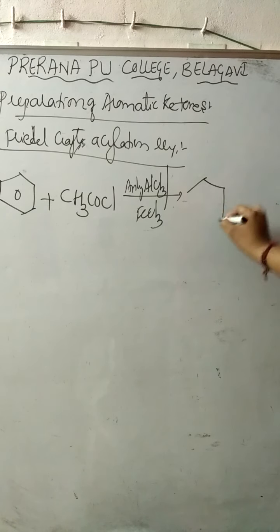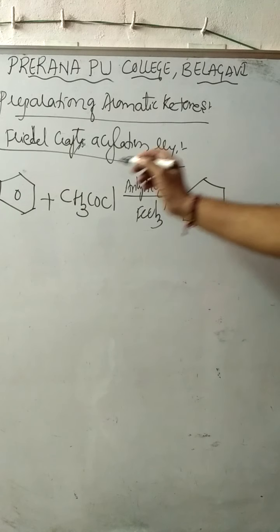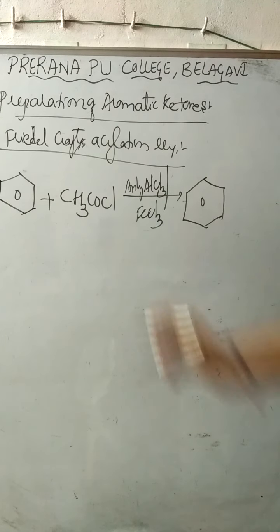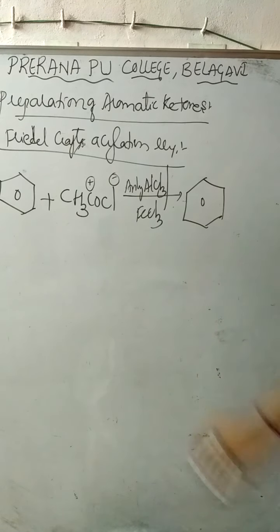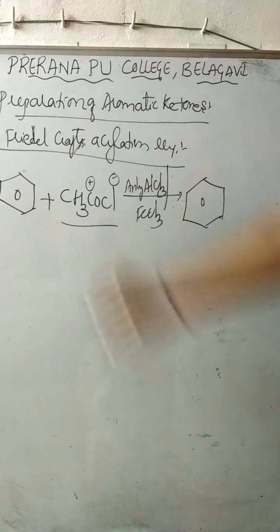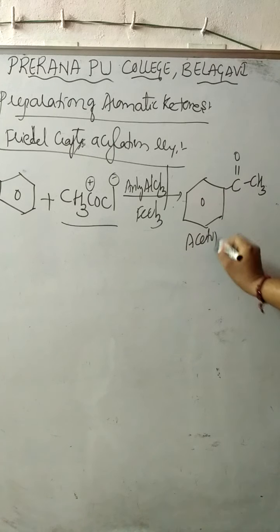So when this particular reaction takes place, in this Friedel-Crafts acylation reaction, it is an electrophilic substitution reaction where the electrophile is CH3CO+, and it ionizes as CH3CO+ and Cl-, where the electrophile will bind to the carbon to form acetophenone as the major product.